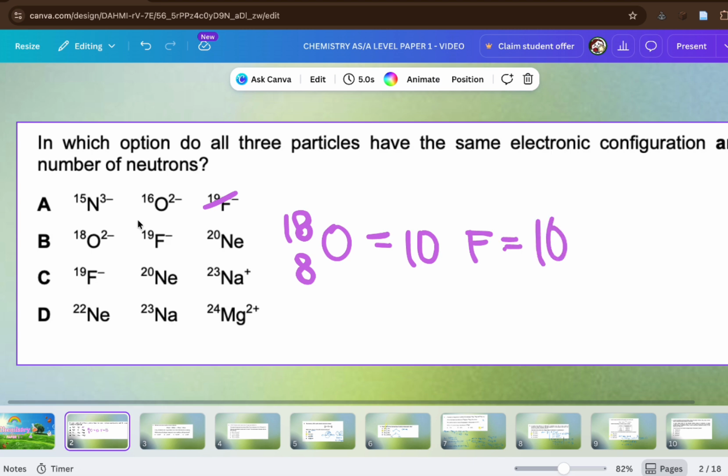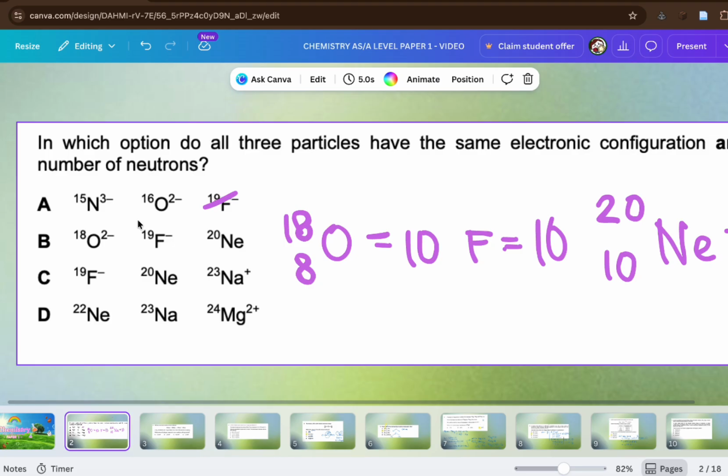Neon has atomic mass of 20 with an electron of 10, which results in 10. The same. The amount of neutrons in row B are the same. Let's see if they have the same electronic configuration now.